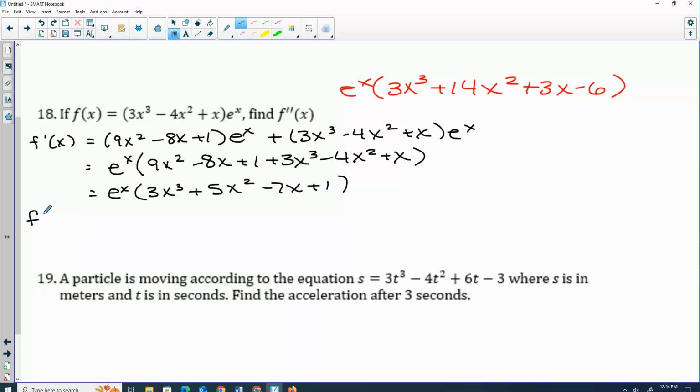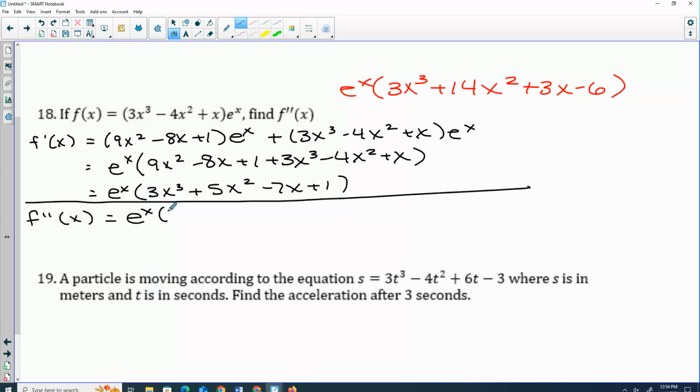Now, please label, we are doing the second. So, we have it set up to do a product rule. Derivative of the first, derivative of e to the x is still e to the x, times the second, plus the first, derivative of the second. So that would be 9x squared plus 10x minus 7.